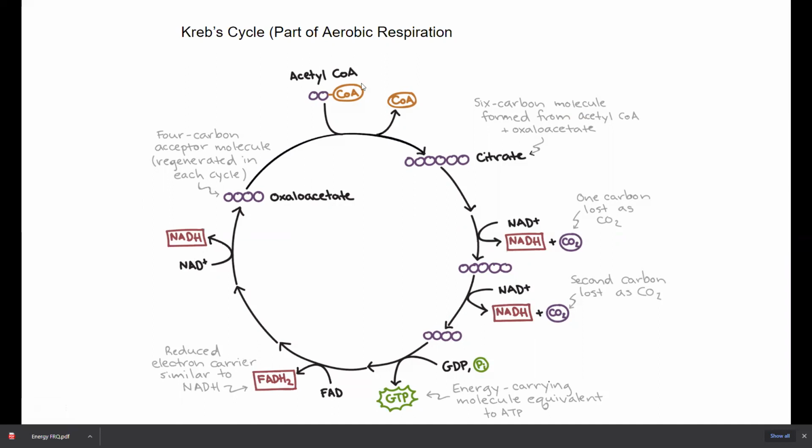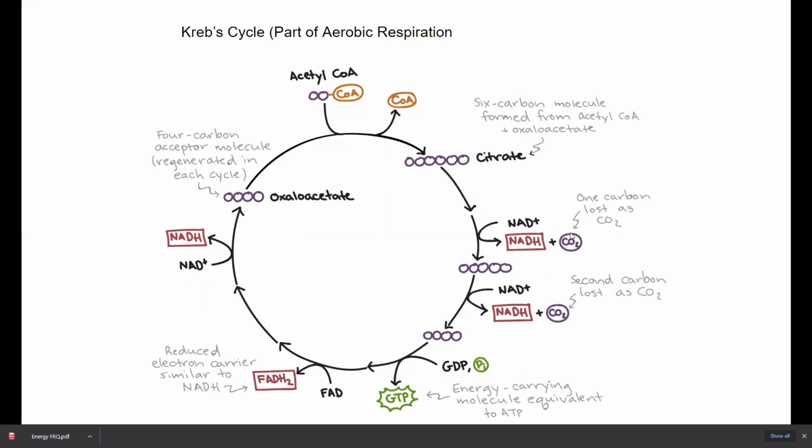So overall, acetyl-CoA is going to combine with oxaloacetate to make citric acid, citrate, or citric acid, depending on the pH, which is the name of the cycle. It generates NADHs and CO2s. So you get carbon dioxide here.